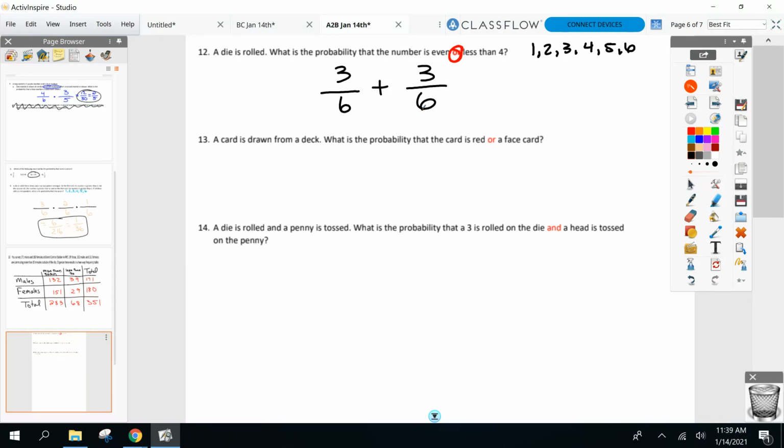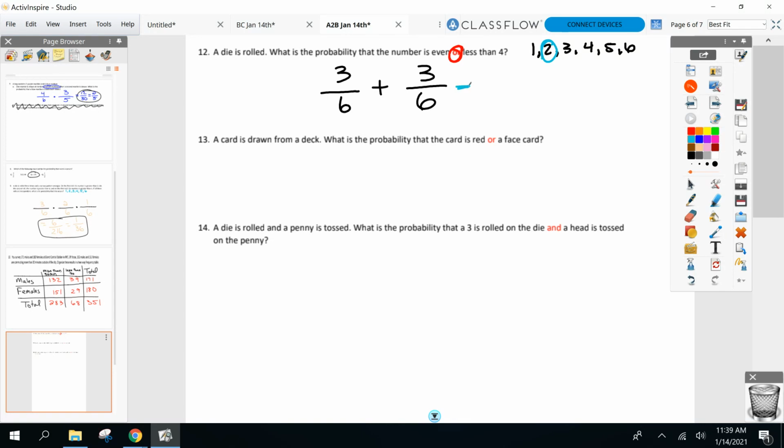Okay, 3/6. Now, because we're doing the "or," did Bassett and Ella both count the same number twice? Yeah, they did. What number did they both count? 2, right? Bassett counted it because it was even, and then Ella counted it because it was less than 4. Can't happen.